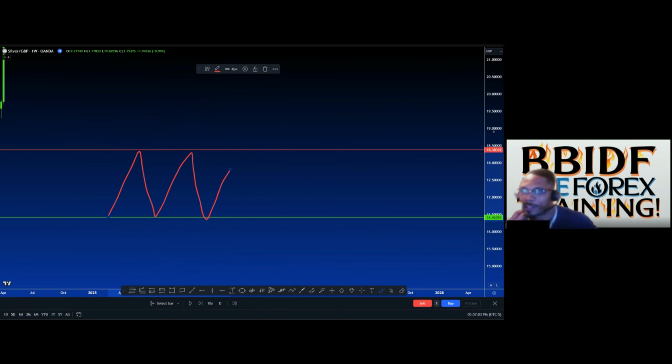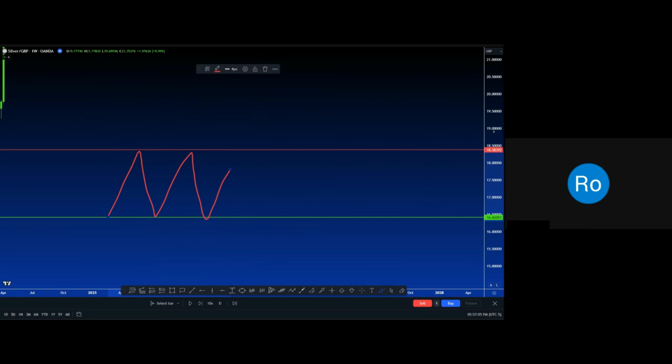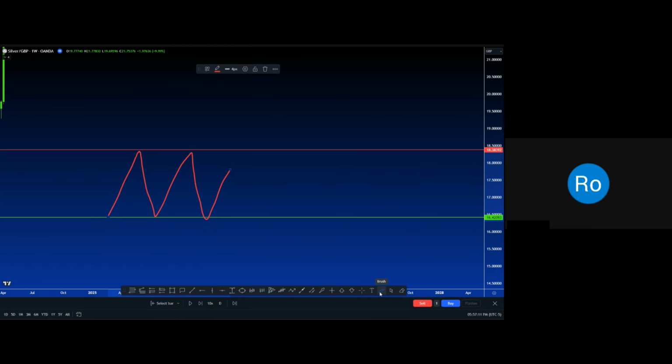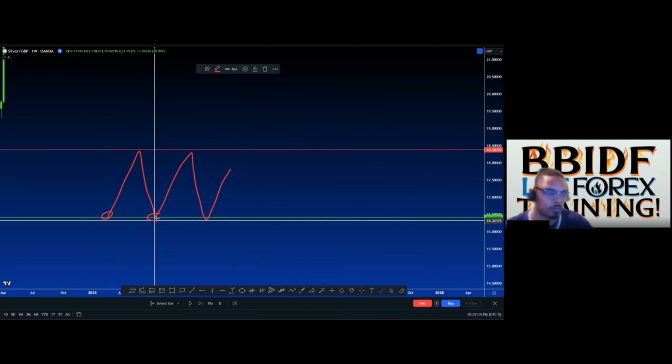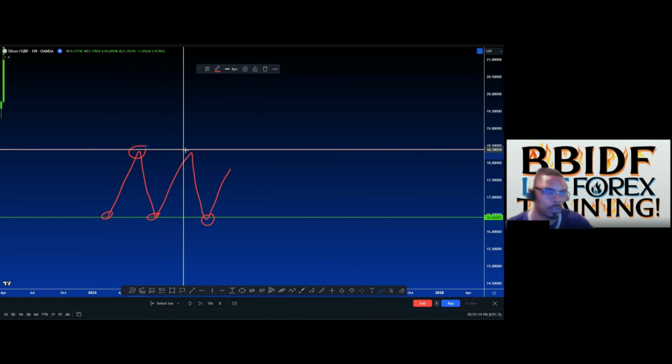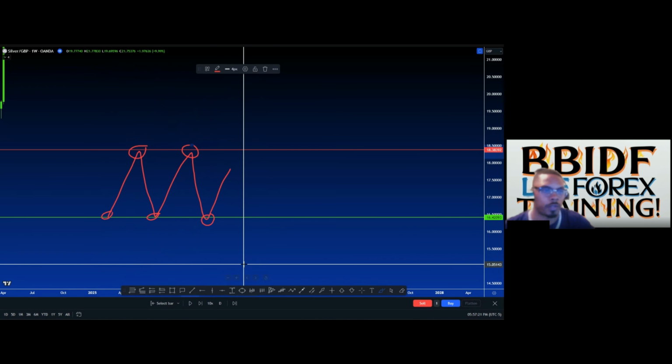Support or resistance? Support. Okay, why do you say support has the most touches? You drew 3 points and resistance only got 2. Okay, that is absolutely right. Resistance only had 2.